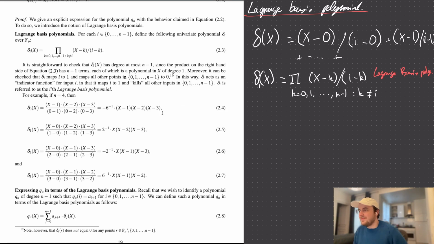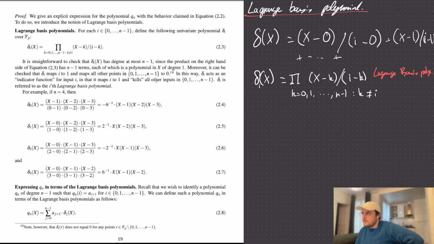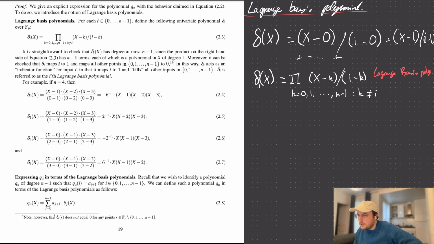Wait. There is something I don't understand right now. Note, however, that delta I of R does not equal 0 for points that are not... okay.